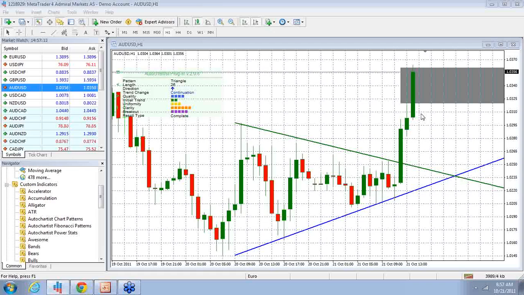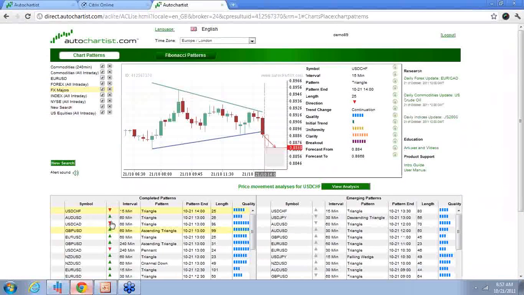Do you have to wait for breakout strength before making a trade? No, and that's because it depends on how you do your analysis. I'll show you on this chart first because it's a little bit easier right now.